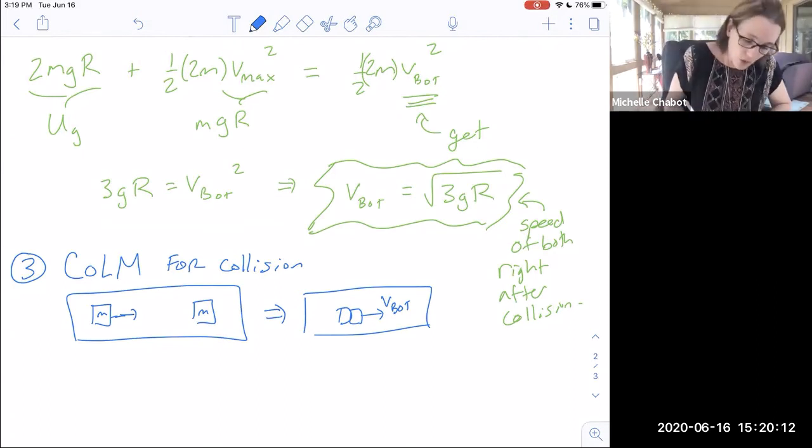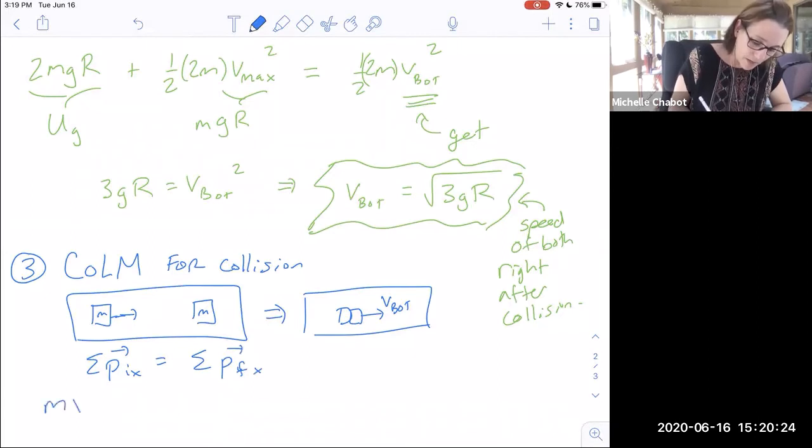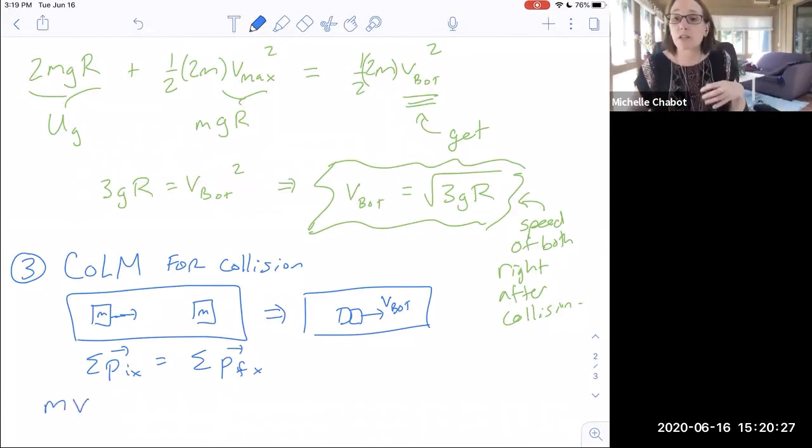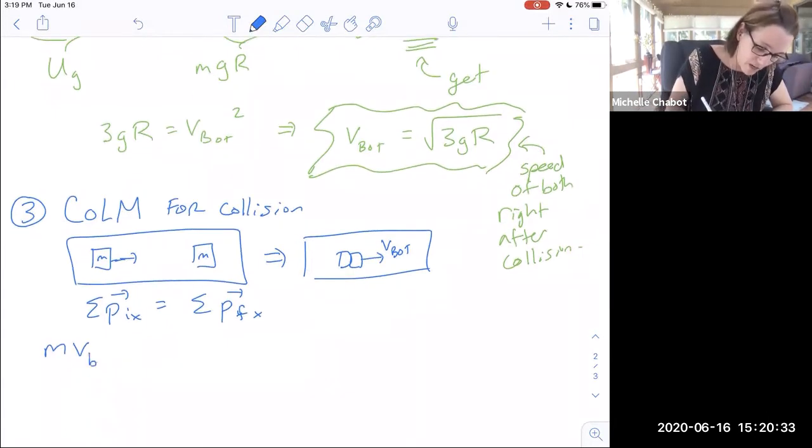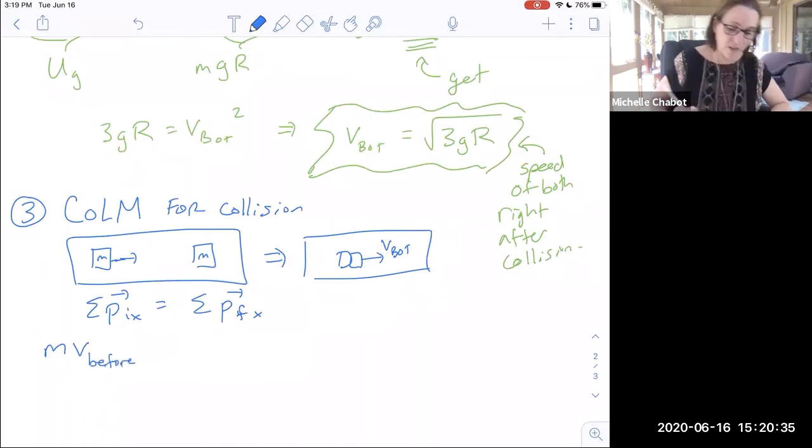So my initial momentum of my system, so I'm going to have just one dimension here, right? So I just have, let's call this x, p final x. So initially, I'm going to just have m times the speed we're trying to find. You know, again, I don't care what you call it. I'm going to just call this mv before the collision, right?